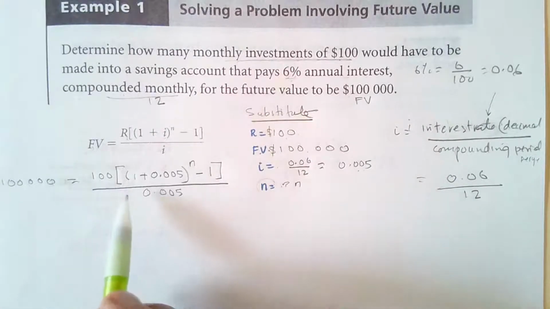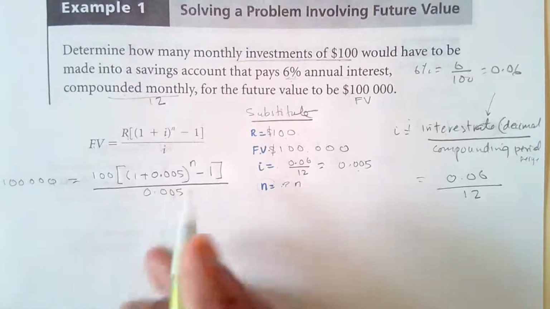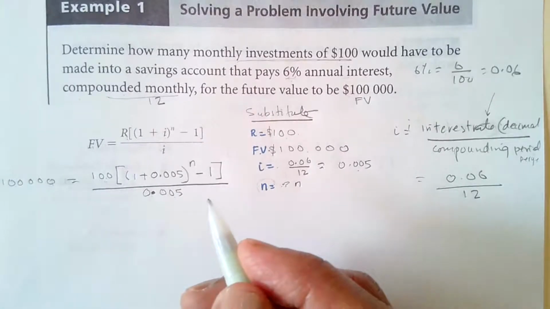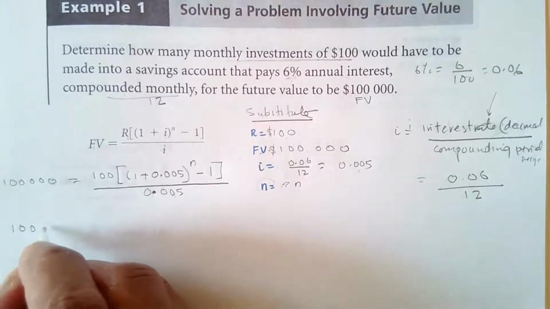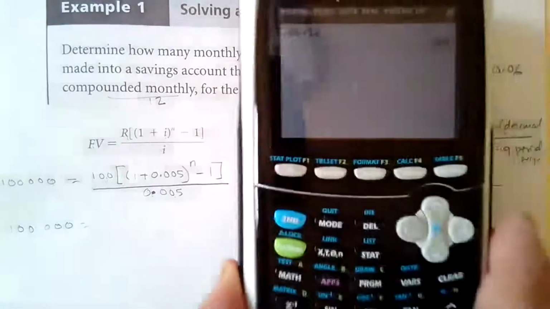Next, we will solve this part: 100 divided by 0.005.